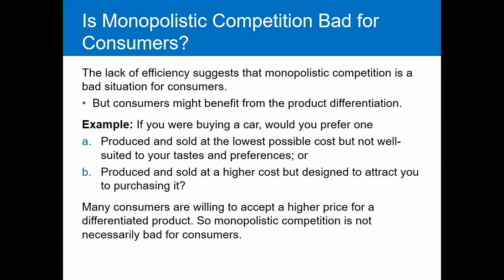You got it at the lowest possible cost, and it was produced at the minimum point on the average total cost curve. They're minimizing the cost of production. But if you had a bigger family, you're out of luck. You got that car with 4 or 5 seats, that's it. If you want a sports car, something that can go fast, too bad. You don't have that choice, but you get it as cheap as possible.